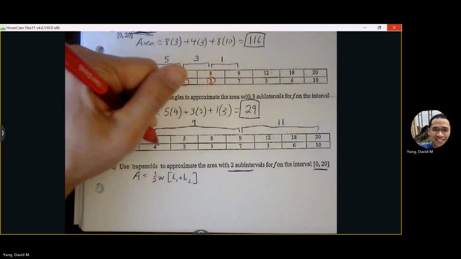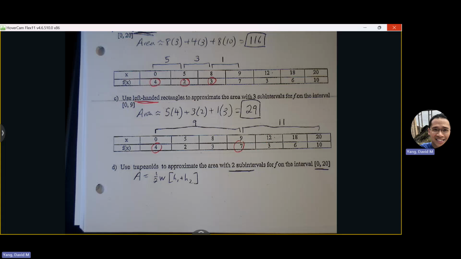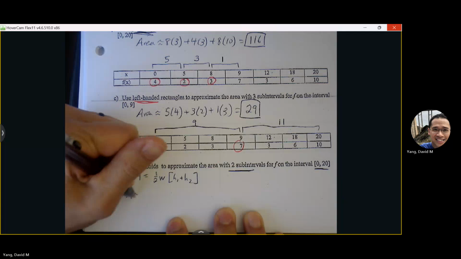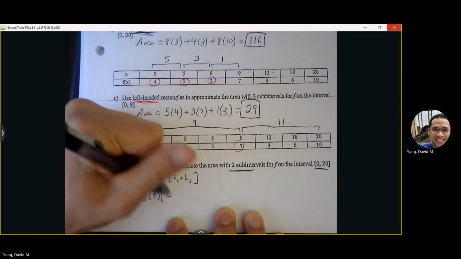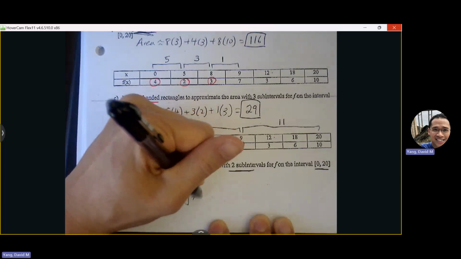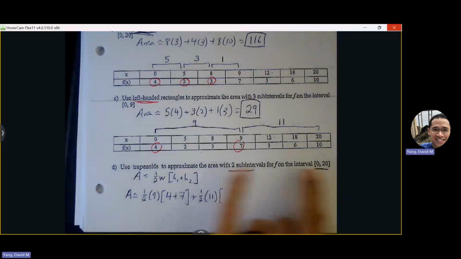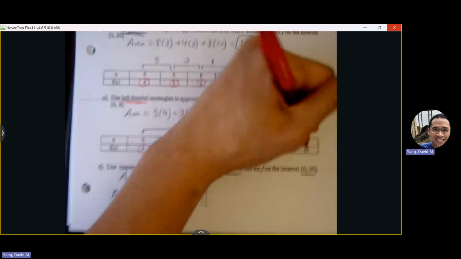Just the ones where your vertical lines are coming down. So 1/2 times 9, 4 plus 7, and then 1/2 times 11. And what do we choose for the second trapezoid? 7 and 10.